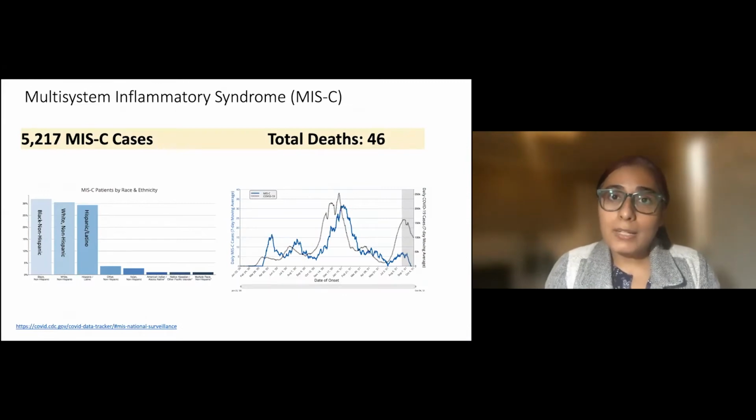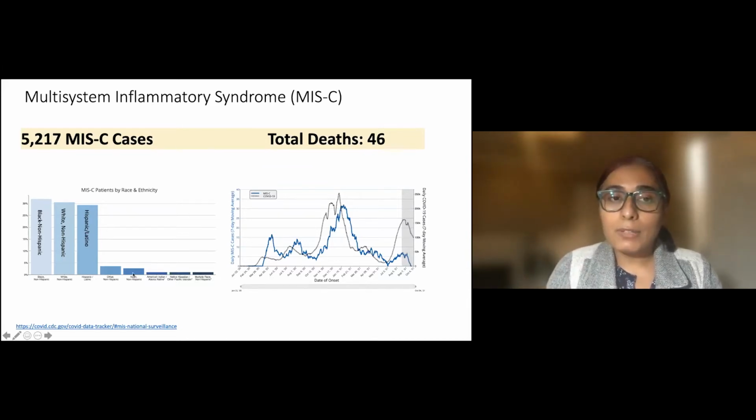When we look at MIS-C cases throughout United States, there have been about 5,200 MIS-C cases in kids and a total of 46 deaths. You can see the blue line here is MIS-C cases, and the dashed line is the number of COVID cases. So as COVID cases increase, a few weeks following, we do see a rise in MIS-C cases.